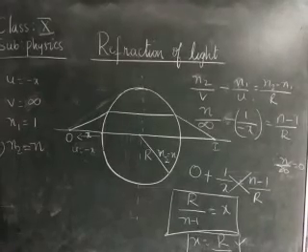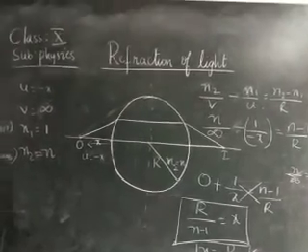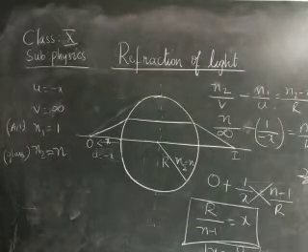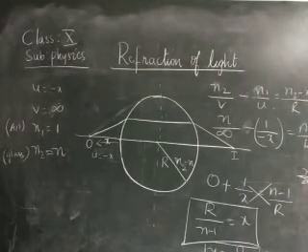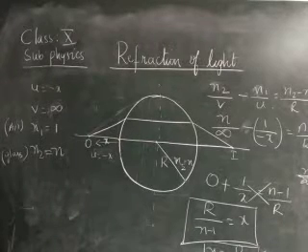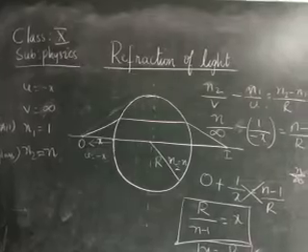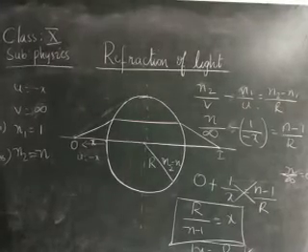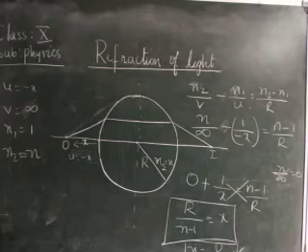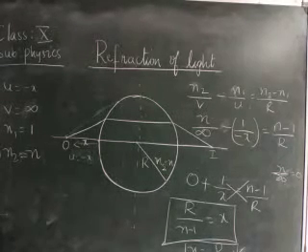Here n by infinity is equal to 0. Okay children, here we have taken u is equal to minus x, that is the object distance. V is infinity we have taken, because we don't know the final value of the final image. Here n1 is 1 and n2 is n, and we are substituting the values into n2 by v minus n1 by u is equal to n2 minus n1 by r.